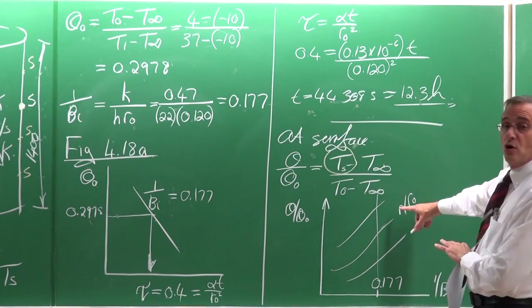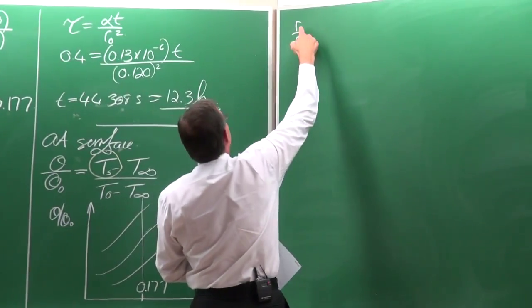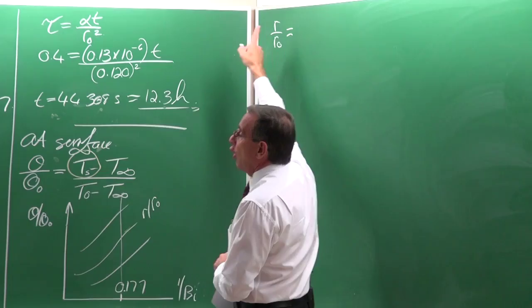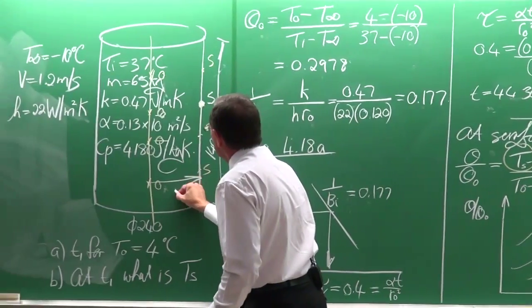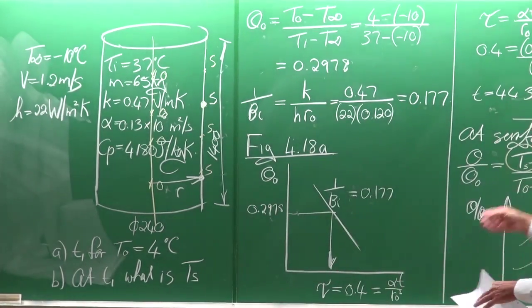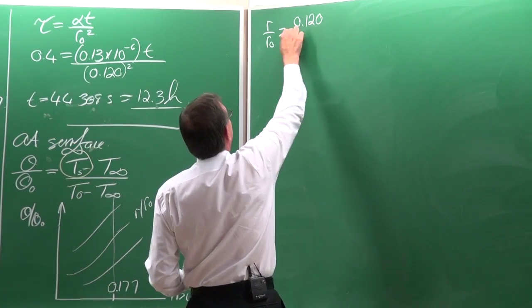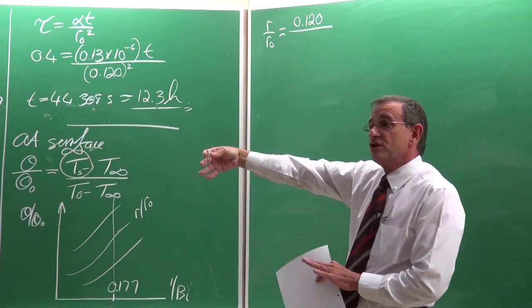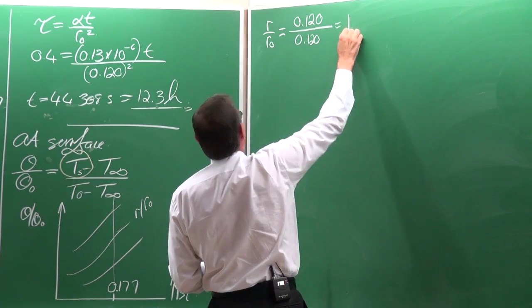What is R divided by R0? R is where we want to get the solution, which is also equal to R0. So R, in this case, we want the solution at 120 millimeters. R0 is a constant, equal to 0.12, so the ratio is equal to 1.